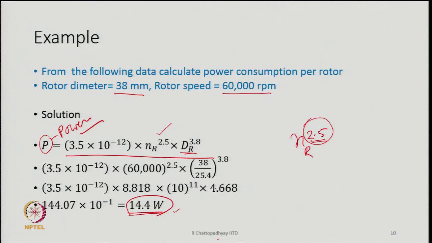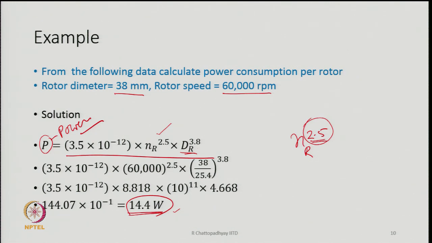Otherwise, if the rotor diameter remains fixed with the increasing rotor speed, the power consumption will be very, very high. Or if we just keep increasing the rotor diameter, keeping the rotor speed same, then also the power consumption is going to increase at a very fast rate, because it is almost diameter to the power 3.8, a very high figure.